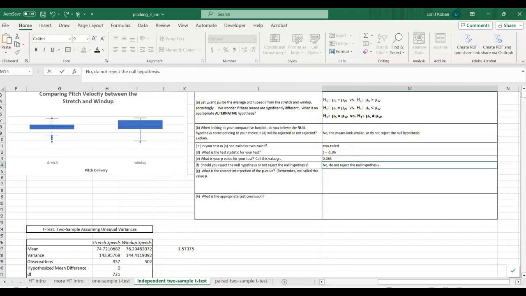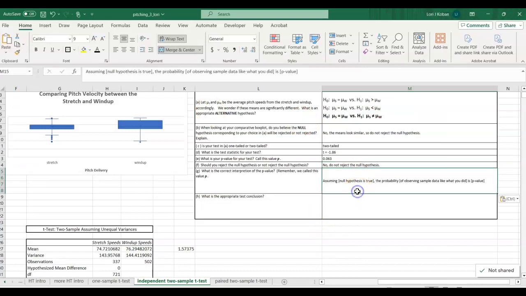Now let's go back and fill in our p-value statement.